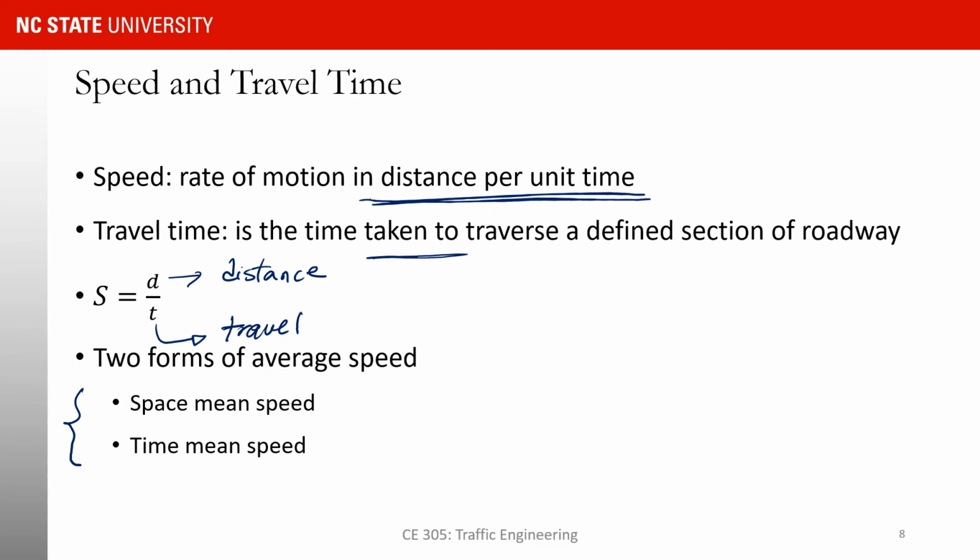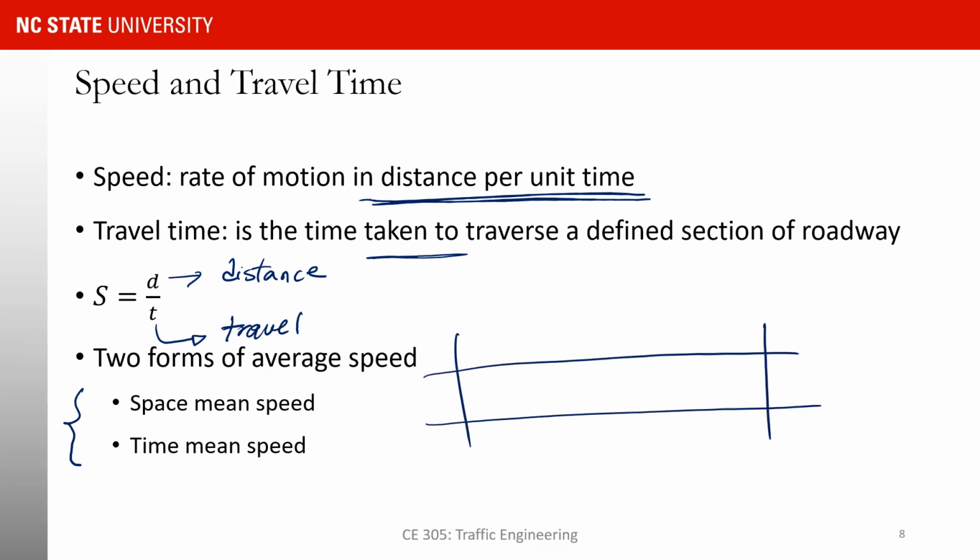Conceptually, space mean speed is obtained when you are determining the speed over a section of the road. So what that means is that, let's say you know what time vehicles enter this section, and let's say this is the entry and this is the exit.